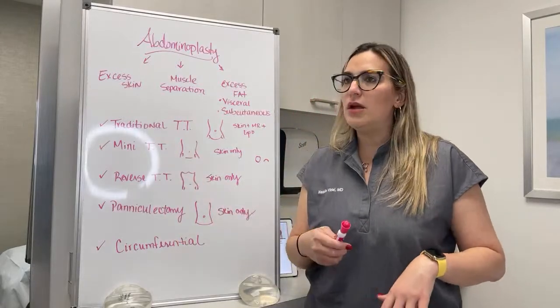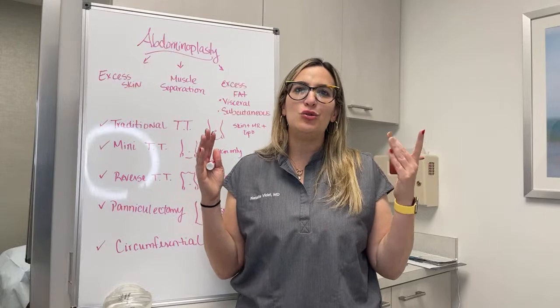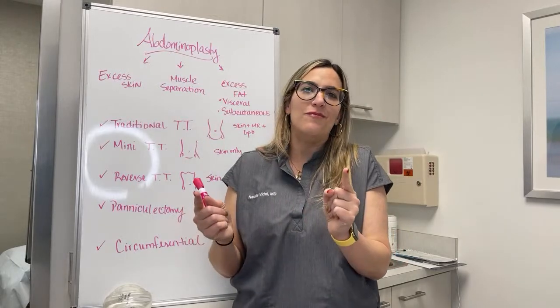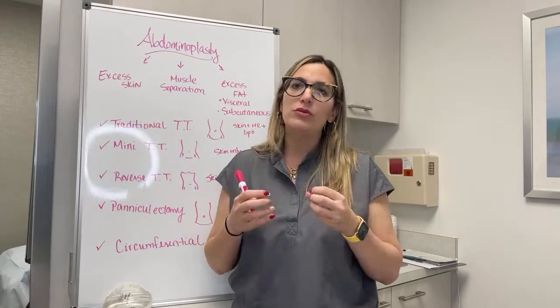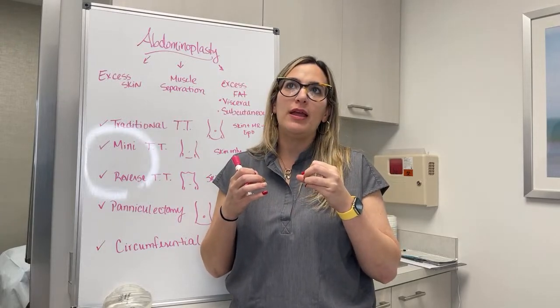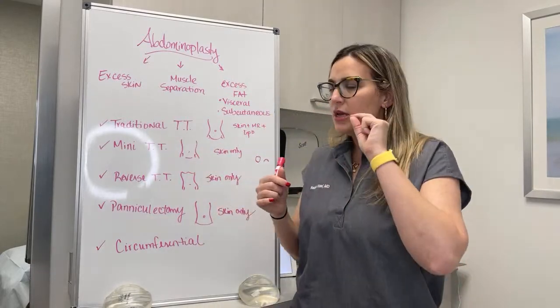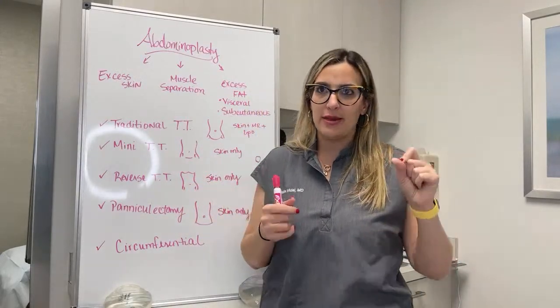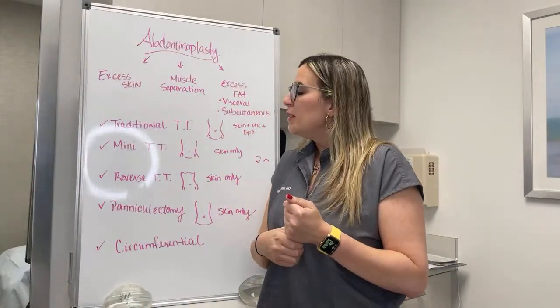So the mini tummy tuck, although it's great, and I wish everybody was a candidate to do small scars and hide them very well, the unfortunate part is that very few people are candidates for this procedure. It's very specific on the candidate that is going to benefit from a mini tummy tuck.